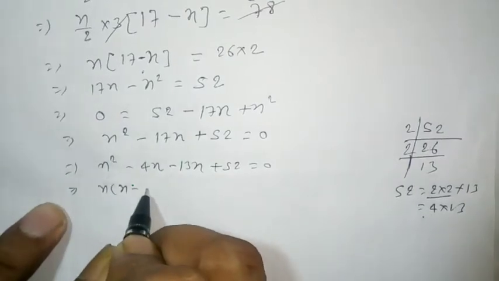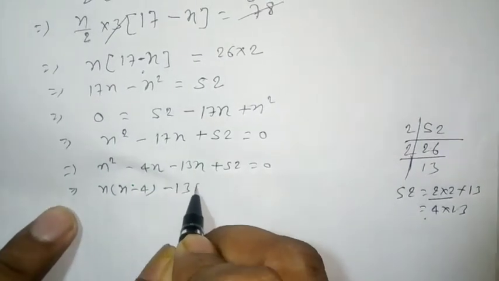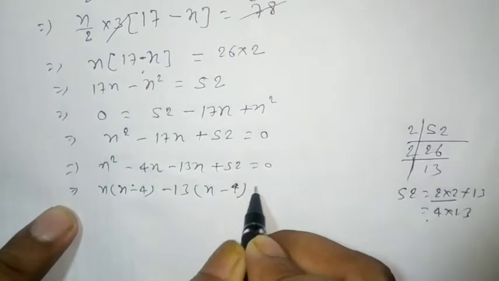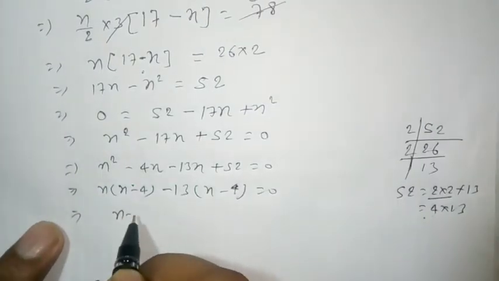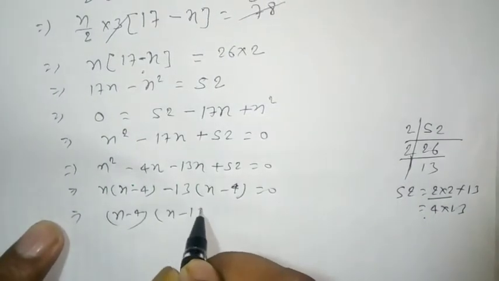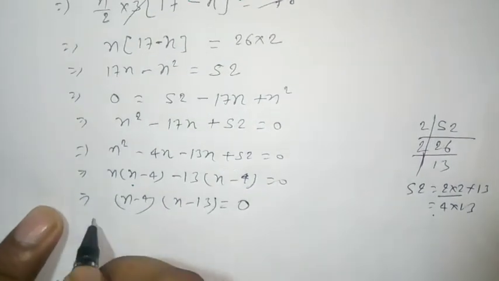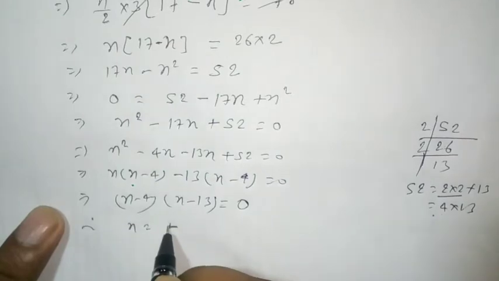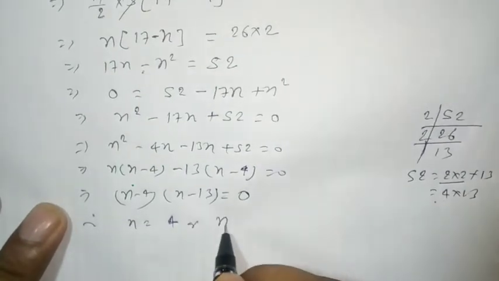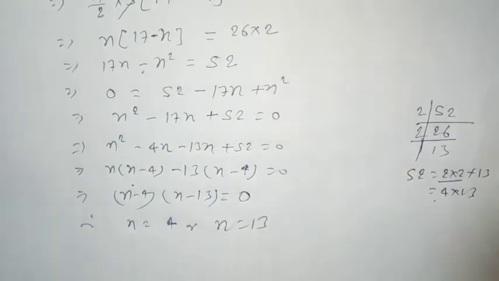Implies n common, (n minus 4) minus 13 common, (n minus 4) is equal to 0. Implies (n minus 4) common, (n minus 13) is equal to 0. Therefore n is equal to 4, or n is equal to 13. Both are possible because the value of n is positive.